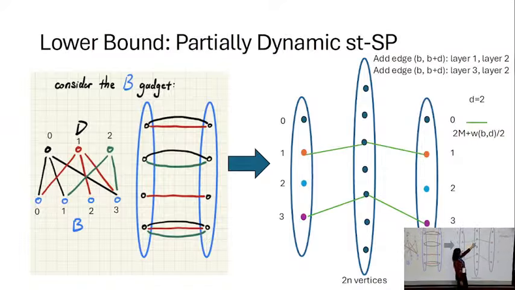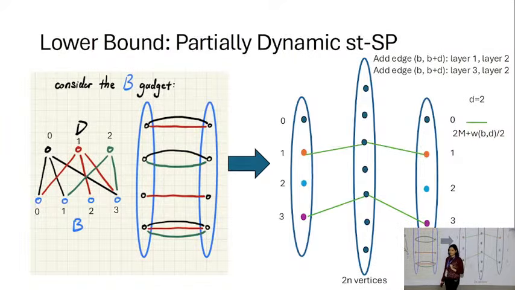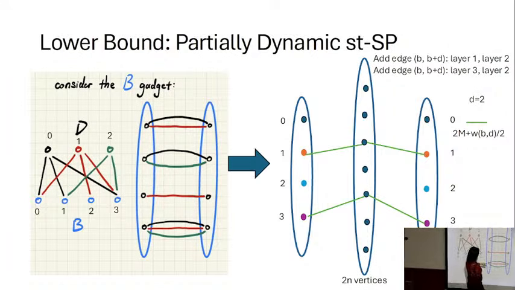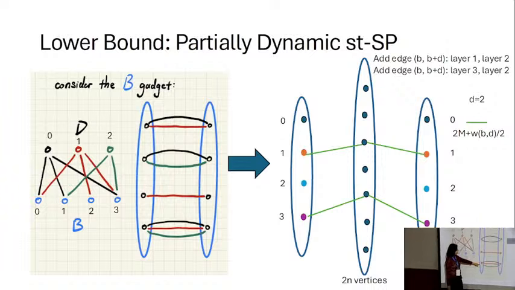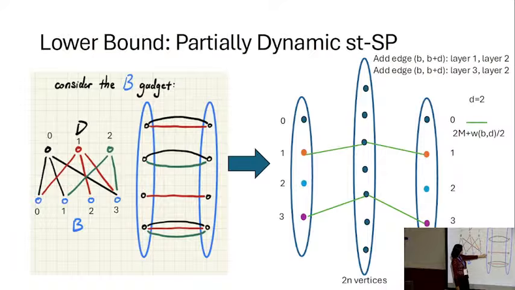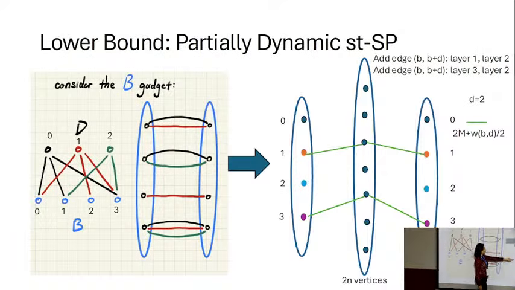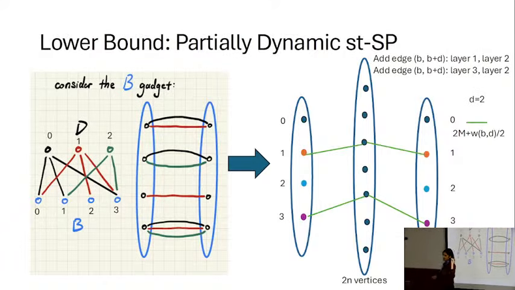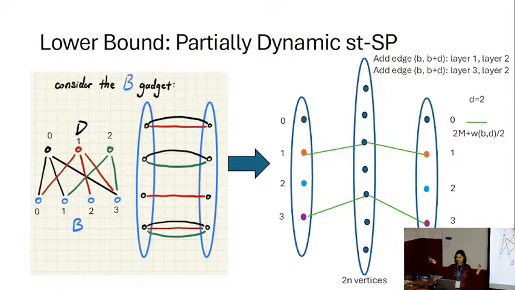So you go from 1 to 1 via this third vertex. That's the modification we are doing. Here B is 3 and D is 2, so you'll go from 3 to 3 via the fifth vertex in the middle layer. So you're going from the first vertex B in the first layer to the same B in the third layer, but via B plus D in the second layer.